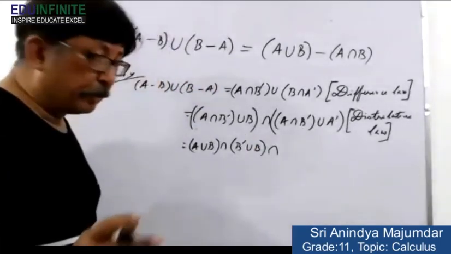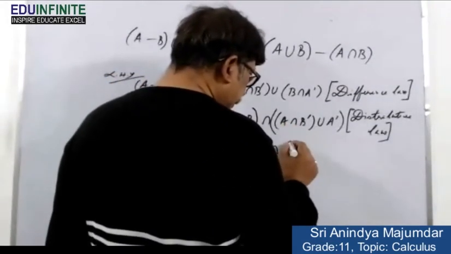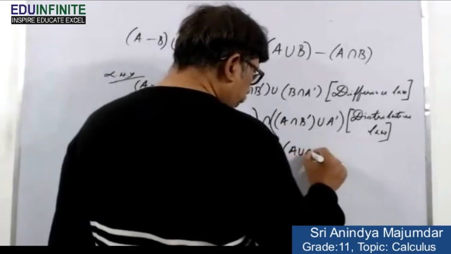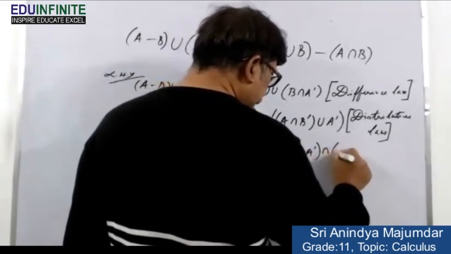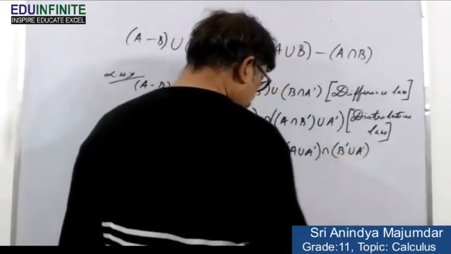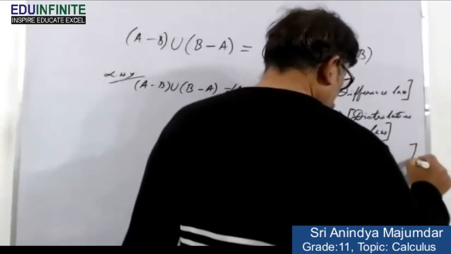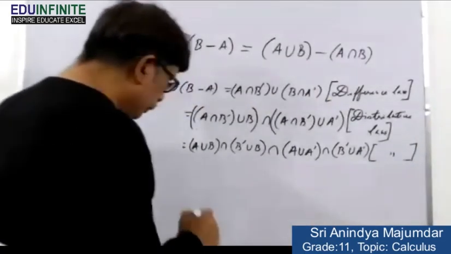Again, this was the distributive law. Again, this is A union A complement intersection B complement union A complement. Again, we go for the distributive law.